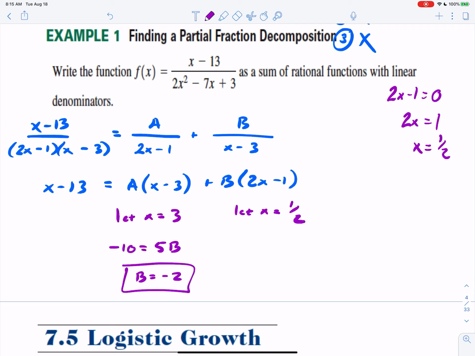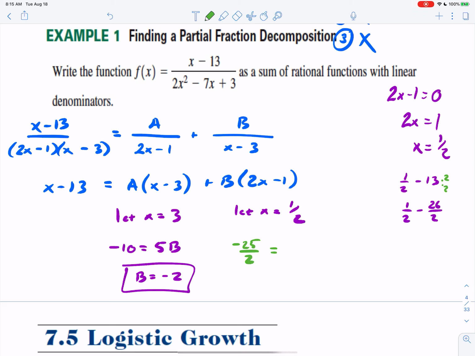If x is 1/2, on the left side, you'll have 1/2 minus 13. 1/2 minus 13 is the same thing as 1/2 minus 26 over 2. If you don't see that, all I did was multiply the top and bottom by 2. So the left side will be negative 25 over 2.